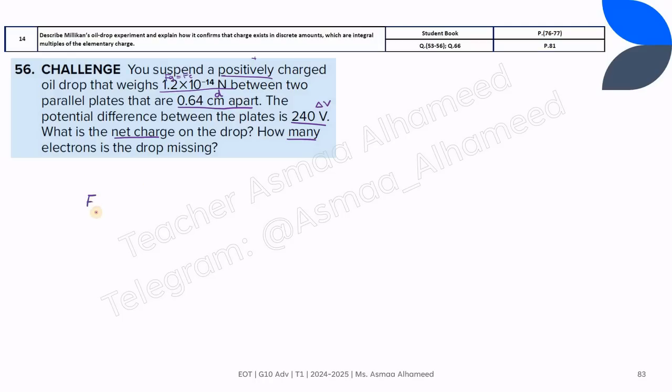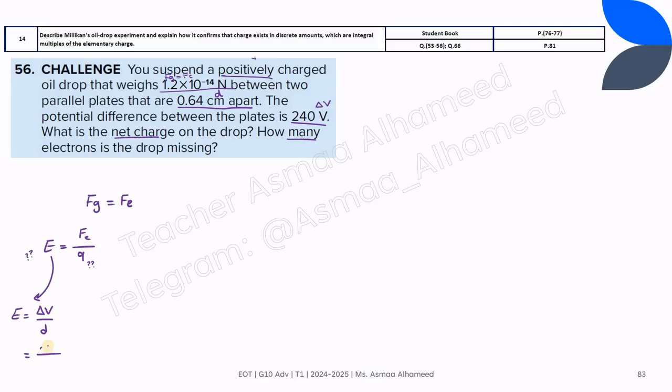So here we will say again that Fg will be equal to Fe, and we have E is equal to Fe divided by the charge. But here we don't know what is Q, we don't know what is E. So the electric field is calculated from the equation E is equal to delta V divided by the distance.